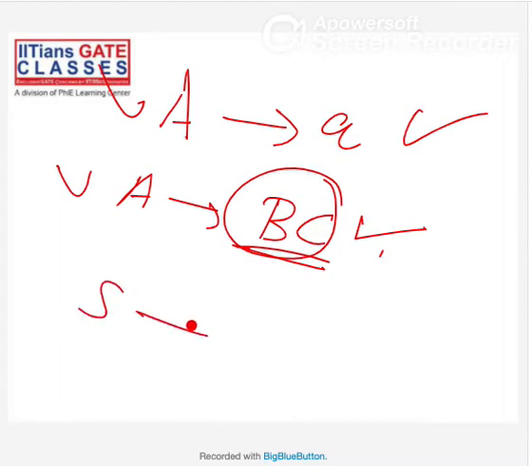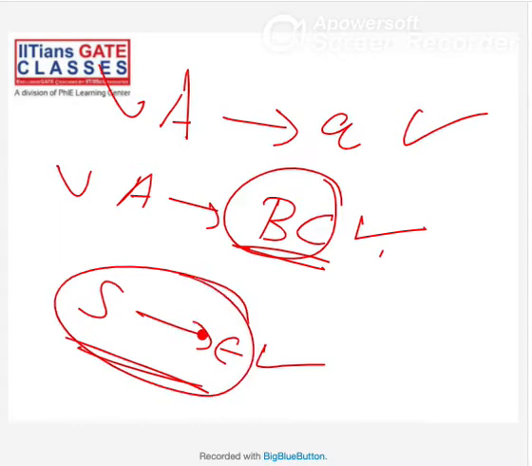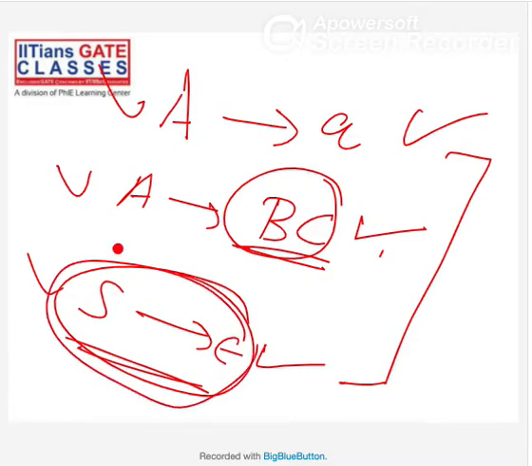If this is the starting symbol, then you allow this type of production also, because sometimes we want our language to contain the empty string, so we want to generate the empty string. Remember, this null production you are allowing only for the starting symbol.